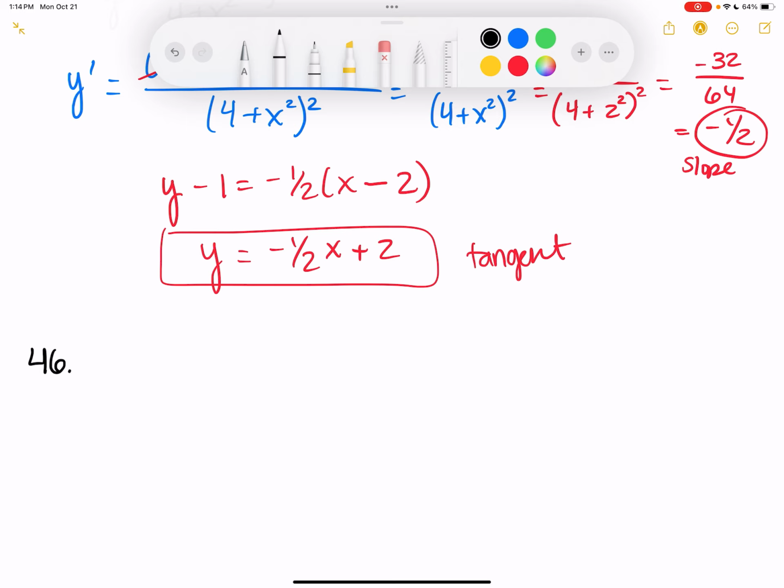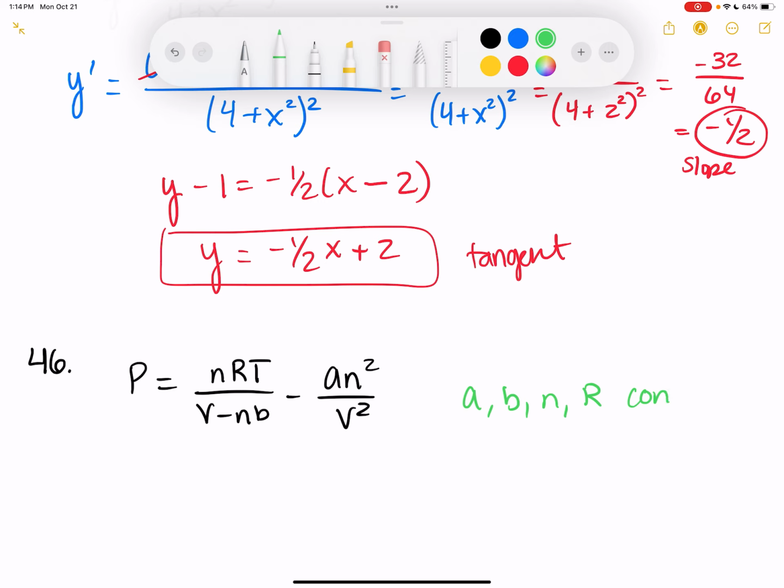All right, 46 is a word problem again. Cylinder pressure. If gas in a cylinder is maintained at a constant temperature T and pressure P is related to the volume V by a formula of the form P equals nRT over V minus NB minus AN squared over V squared, in which A, B, N, and R are constants.